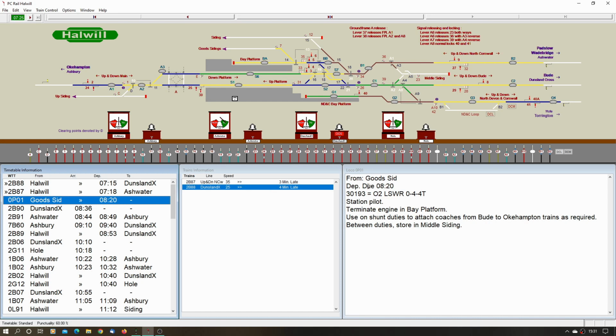Right, that's just received outer section from Dunsland Cross. Acknowledged. Right, just stop on the train information window quite a while after it's sent out to section as well.